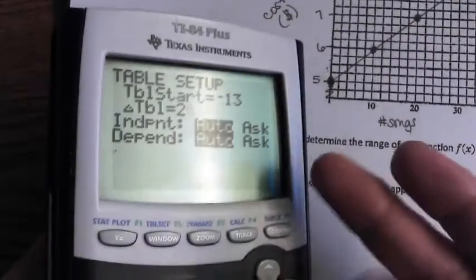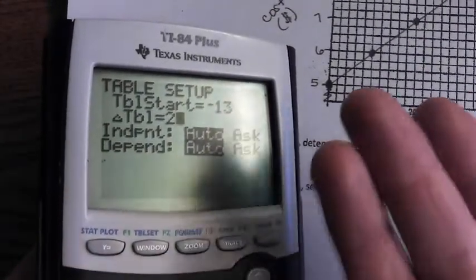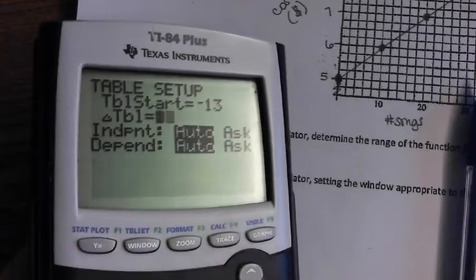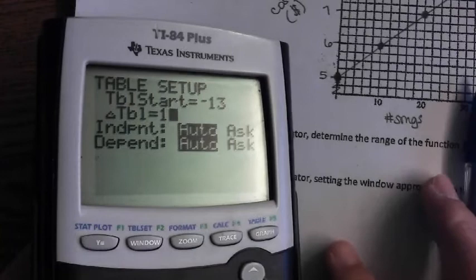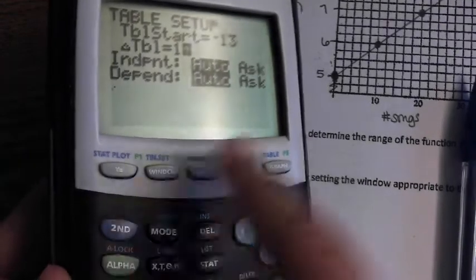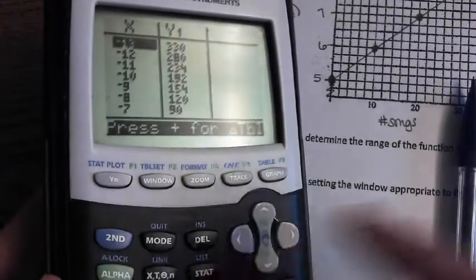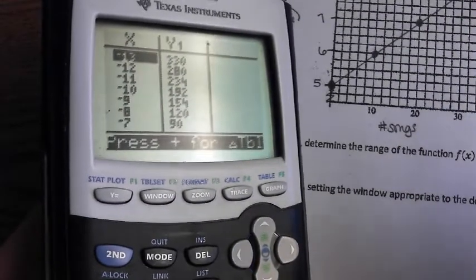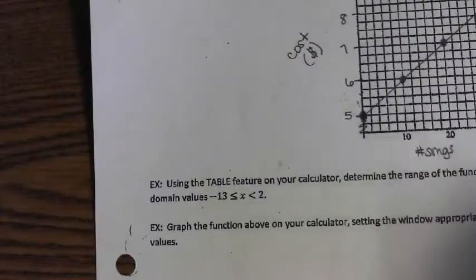If I ever counted by 1/10, it would take me forever to scroll to see all of those. So why did I put 2? I meant 1. So we want our table to change by 1s. And now if I hit second graph, which will bring me to the table, I'll see a lot more.